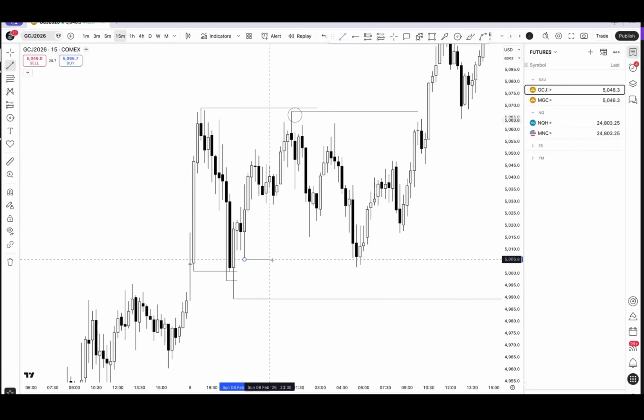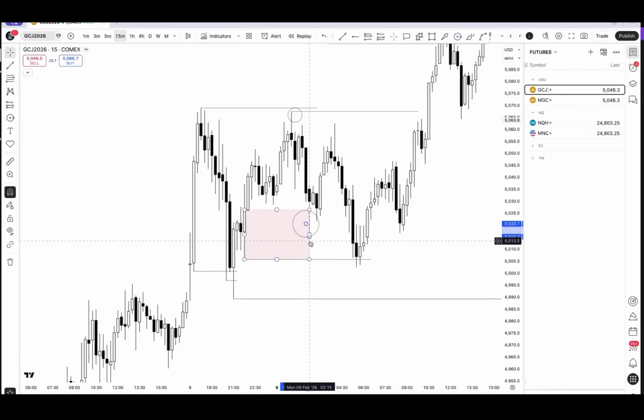Notice how we get this area of liquidity. Why this one specifically? Notice how we respected this buildup, this area of early buyers trying to buy the market.